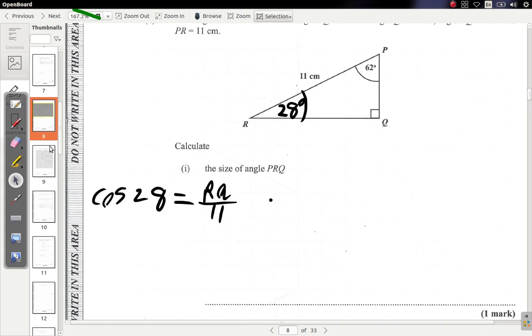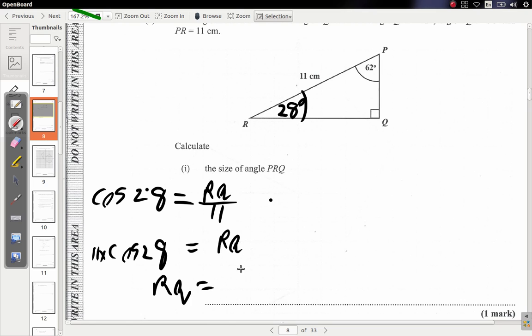You can find the cos of 28 and then deal with the number. Or you can just multiply both sides by 11 and say RQ equals 11 times cos 28. You don't necessarily have to put the multiplication sign. So RQ equals 11 times cos 28.